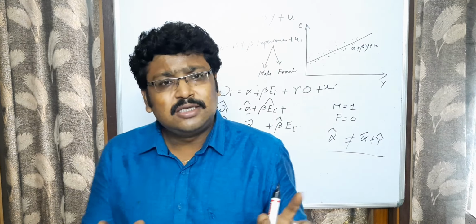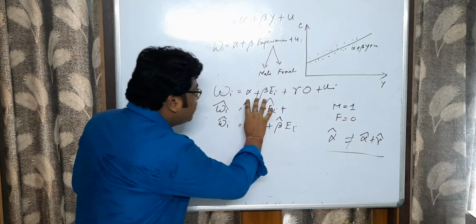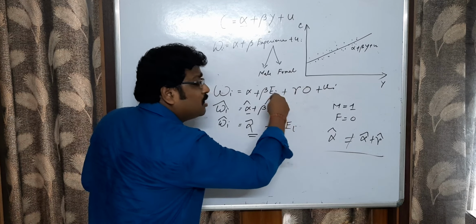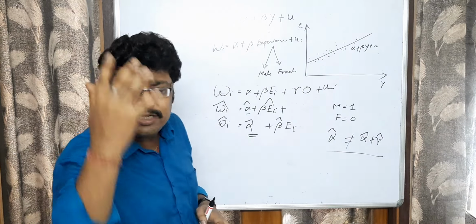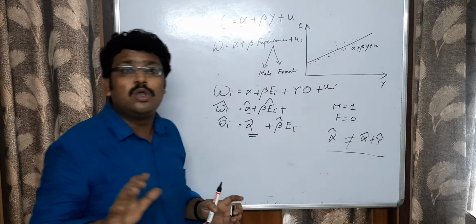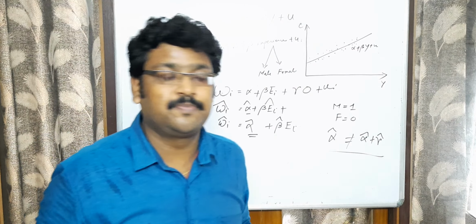Now if there are some qualitative variables and some quantitative variables among the independent variables, then it will also be called ANOVA.